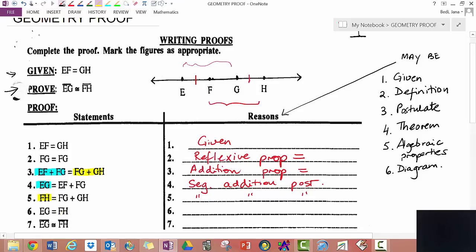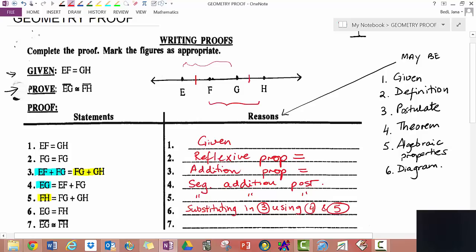So how am I going to write this? I am going to say substituting in 3, that means I'm saying statement 3 using statements 4 and 5.